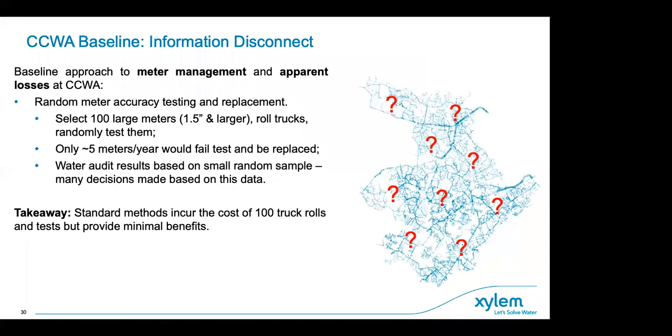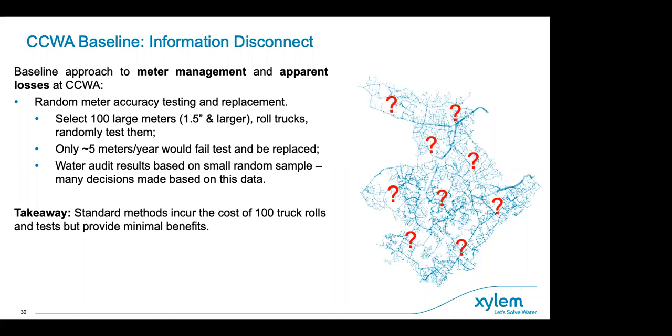If I look at the information disconnect here, their baseline approach to meter management and apparent losses was to do a randomized meter testing program, focusing on the larger meters. So you'd select 100 meters at random, go out, and test them all. Typically they were seeing about 5 meters a year would fail and would need to be replaced.